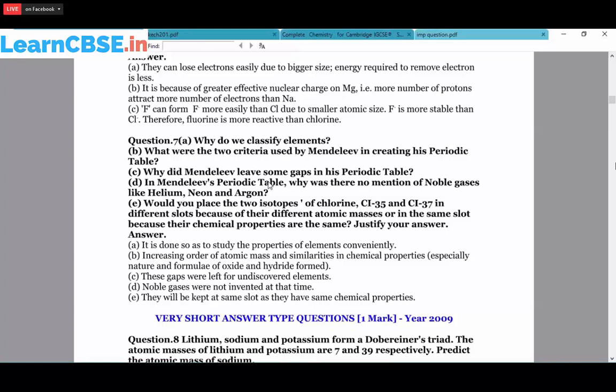In this case, both are chlorine atoms with the same chemical properties but different mass. So they will be kept in the same slot because they have the same chemical properties, according to Mendeleev's periodic table.